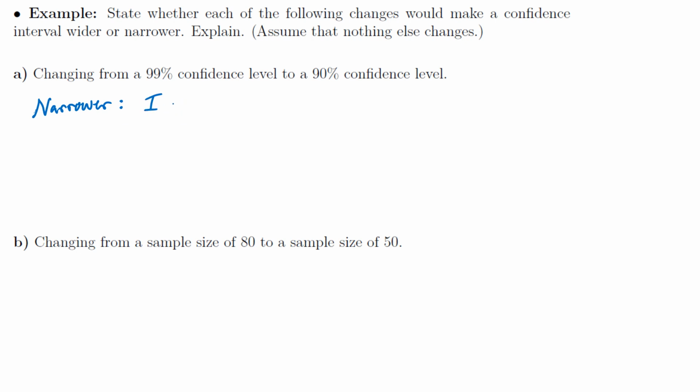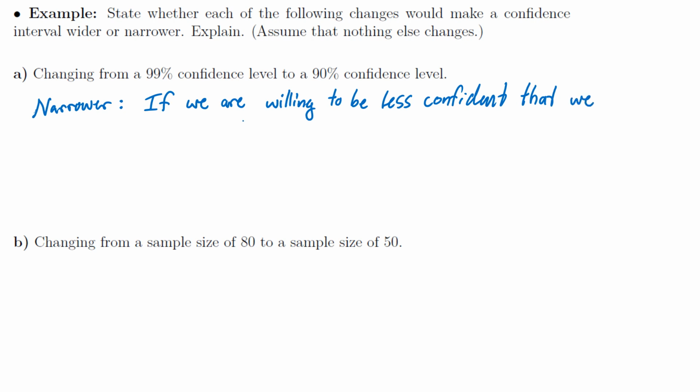And I would say it like this: if we are willing, right, if we are willing to be less confident that we capture the true proportion, we can make a more precise estimate.